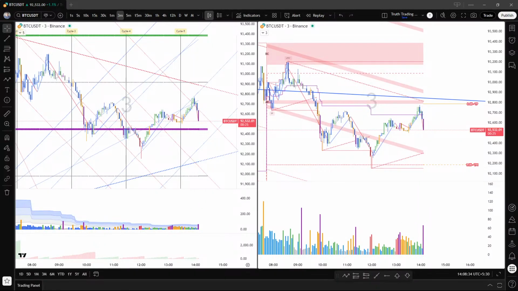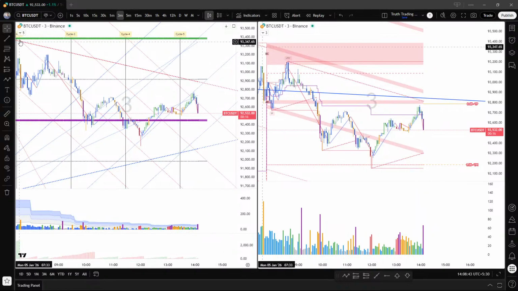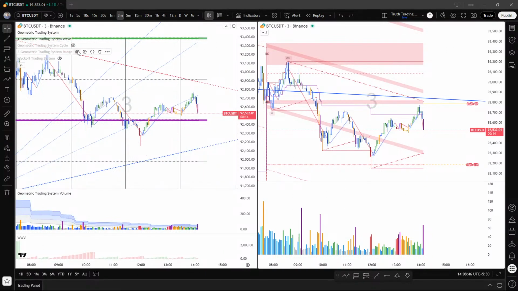I mean wave, it's coming down. Okay, now it's down wave. So we are waiting for this to hit. Okay, so that's the whole concept, guys.